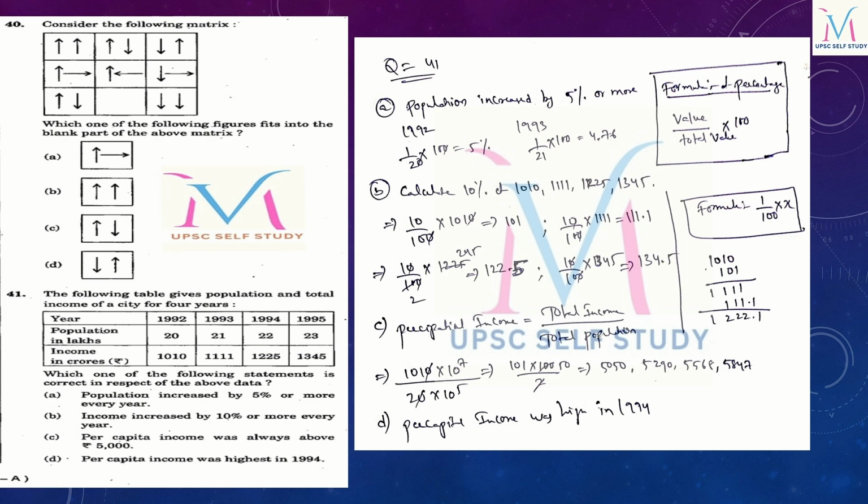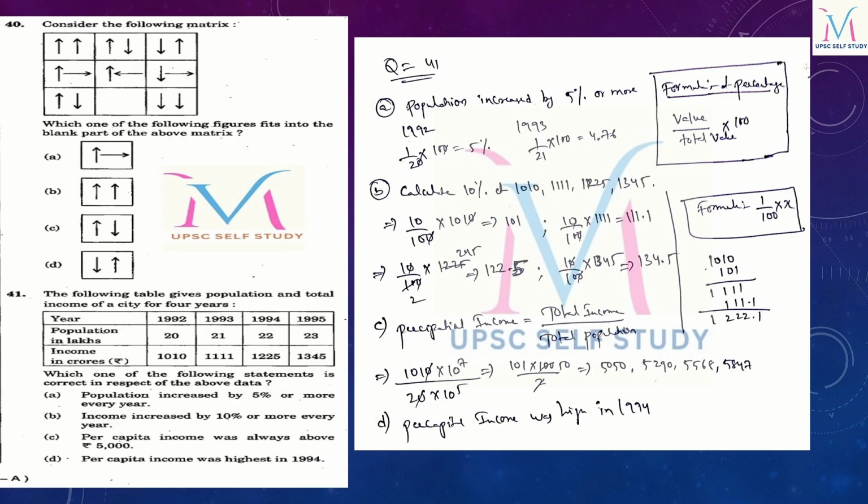Now coming to the second statement. Look at the question: income increased by 10% or more every year. This statement is regarding the income, so now we have to calculate whether the income is increased by 10%. Look at the solution box.